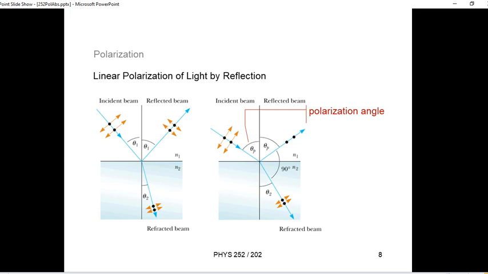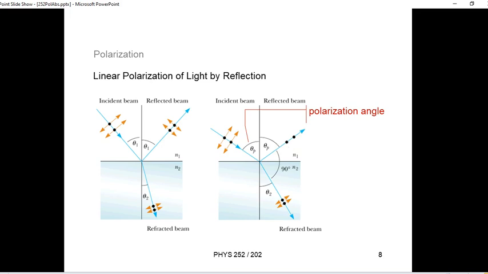But we can talk about its two components. So at a particular time, the electric field at a point can have a component along the orange axis or a component that's in and out of the screen. But when the light reflects at this special polarization angle, it will only have a component that is in and out of the screen in this picture.